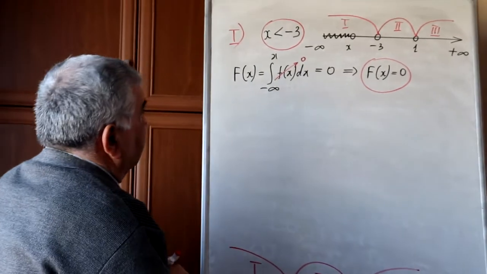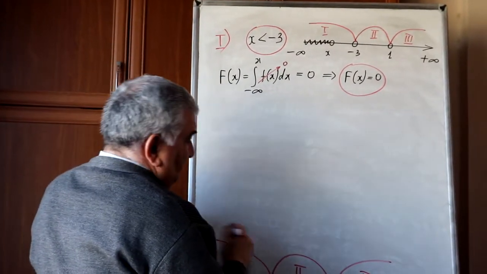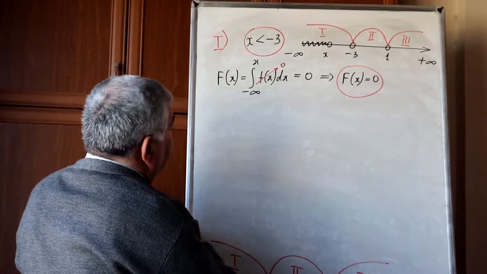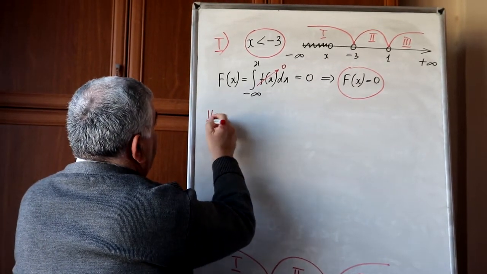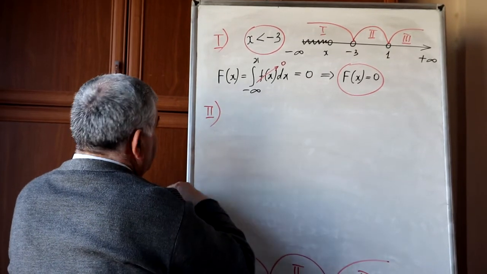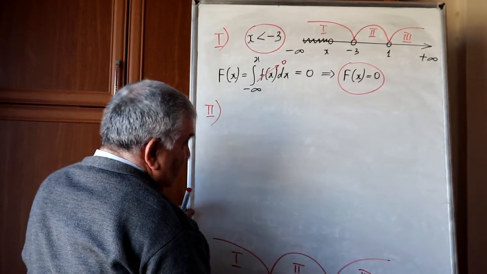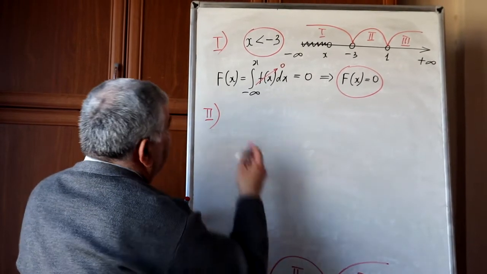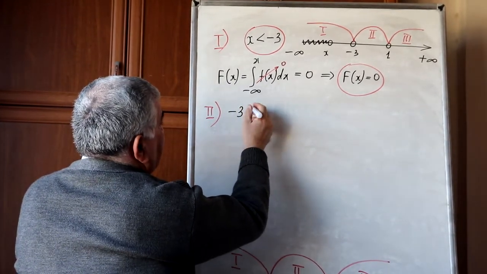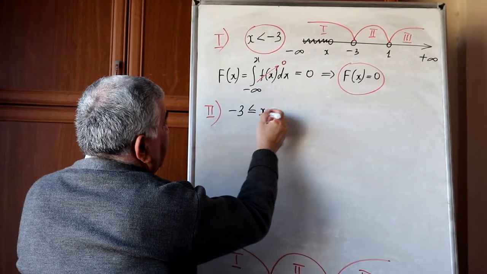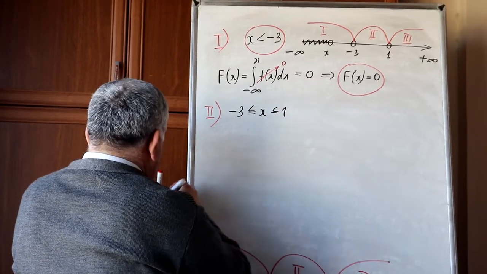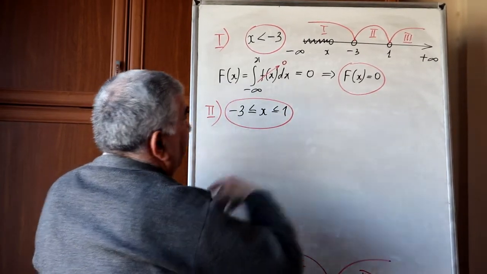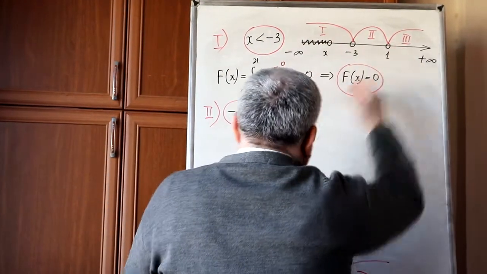Then consider F(x) in the second interval. For the second interval, x is situated between minus 3 and 1. Minus 3 is less than or equal to x is less than or equal to 1. Again, draw these intervals.